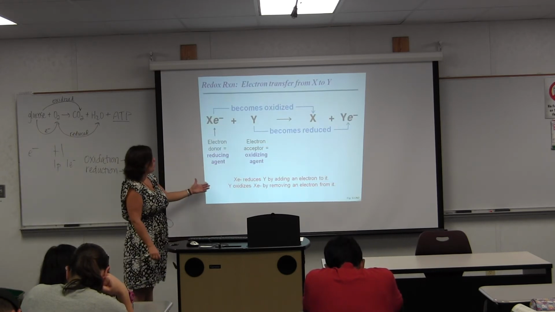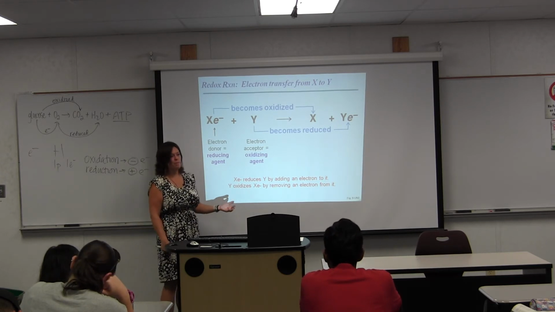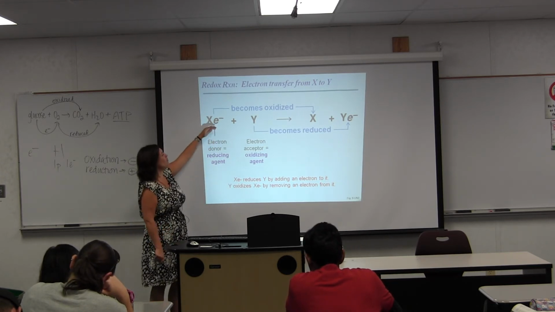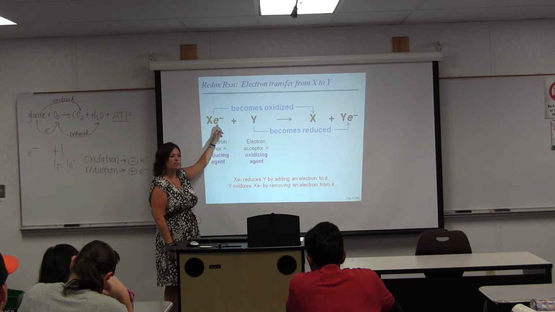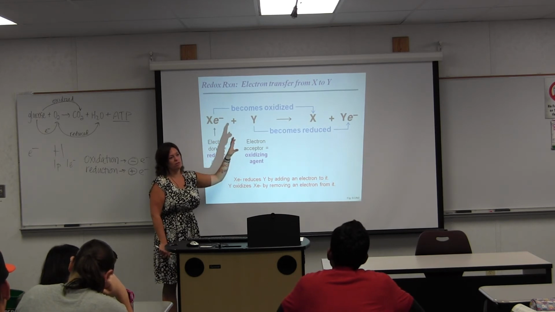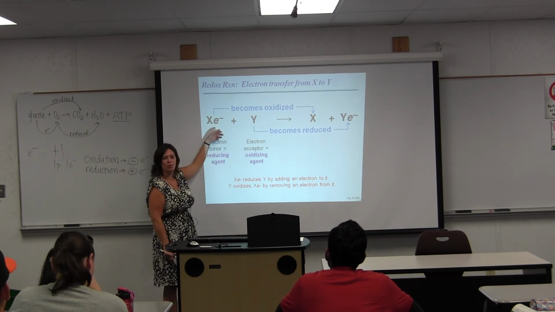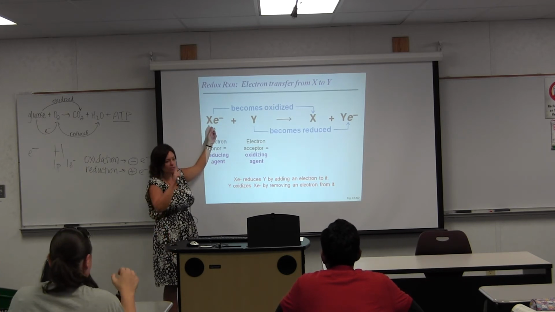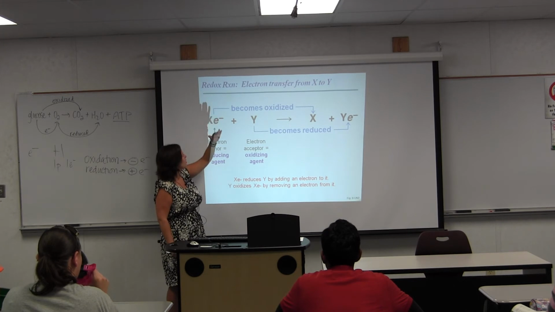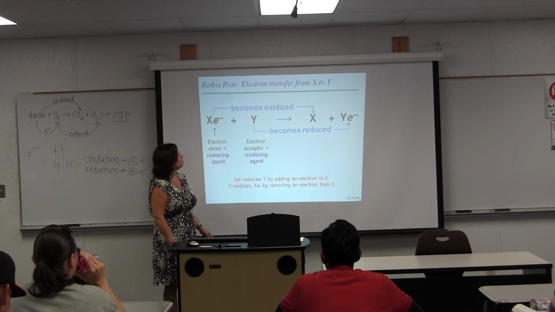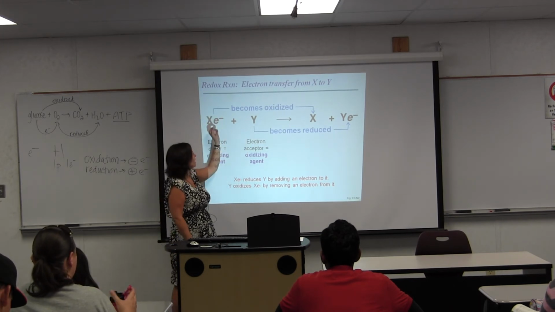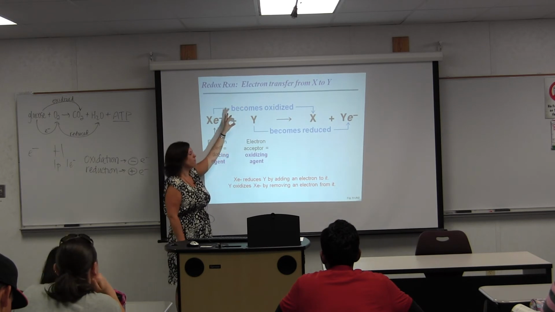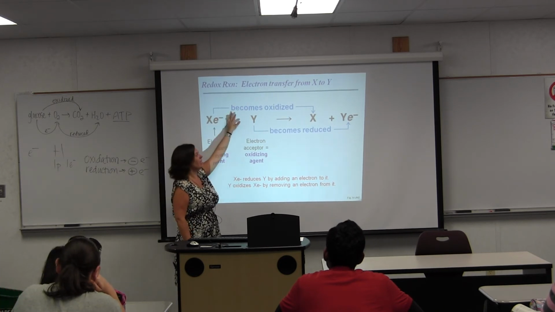Okay, so just to confuse you a little more. We've already said that in an oxidation, you're donating electrons. All right, so this is just kind of a simple example. So we have this molecule X, and it's got some electrons. It's going to give those electrons to Y. So because it's giving electrons away, we say that X is being oxidized.